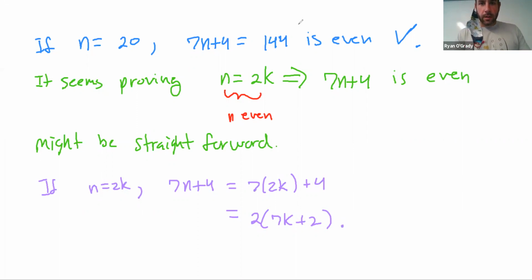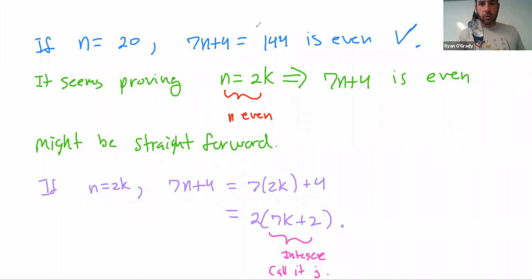This guy right here is an integer. And so since that's an integer, let's give it a name. Let's call it j. So what did we just prove here?